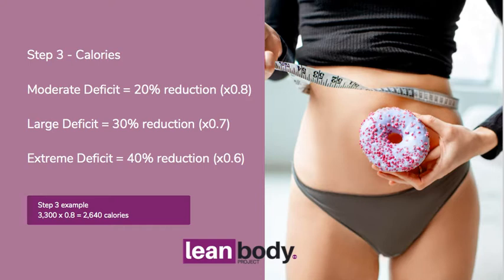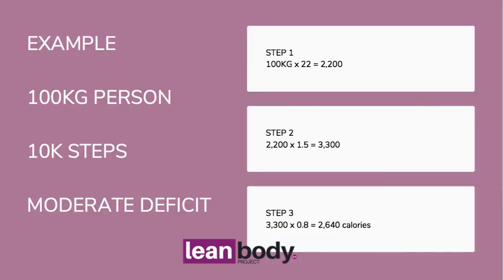So start off at around 20%. You're going to times that figure from before, 3,300 times 0.8, which gives us 2,640 calories. So that's your overall calories for your deficit. All right, so the example goes like this. From step 1, 100 kilos times 22 gives us 2,200.